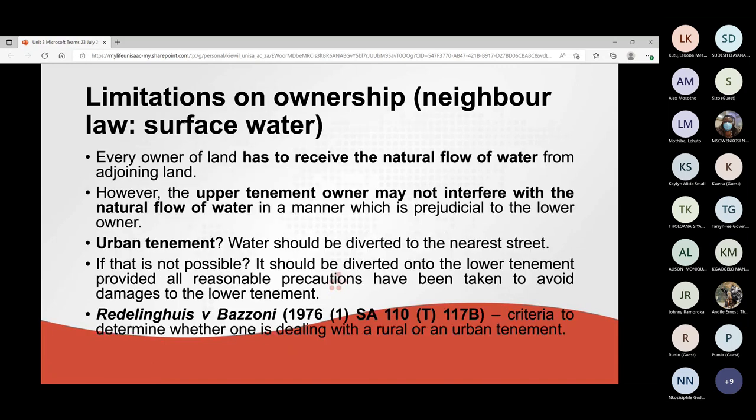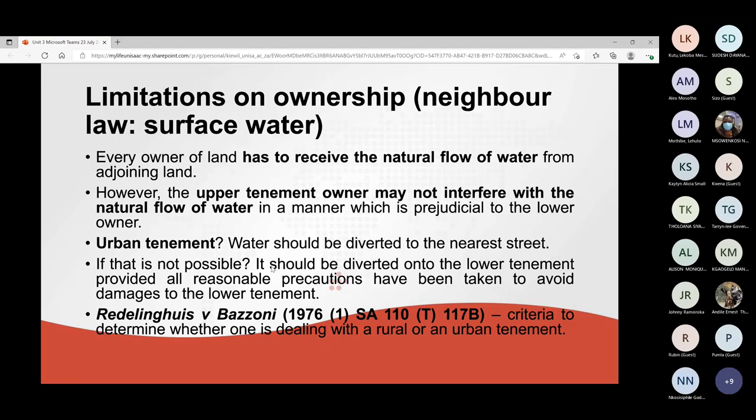Then surface water. Every owner of land has to receive the natural flow of water from adjoining land. However, the upper tenement owner may not interfere with the natural flow in a manner which is prejudicial to the lower tenement owner.